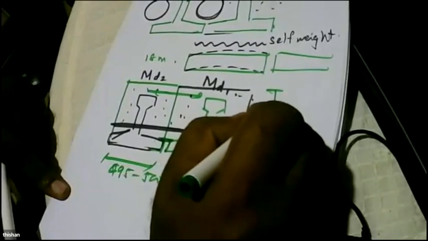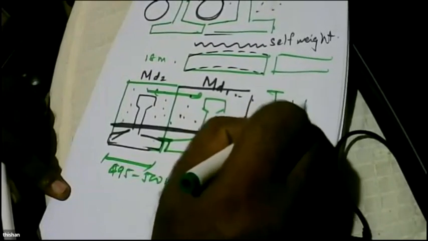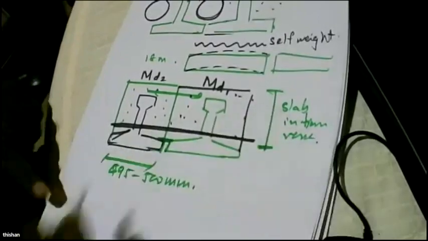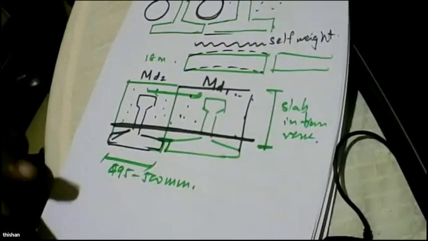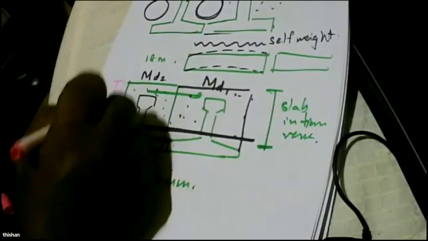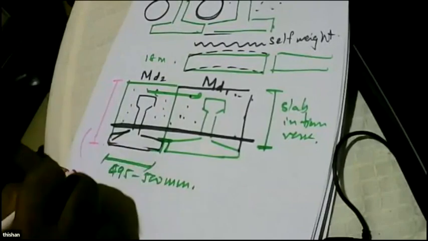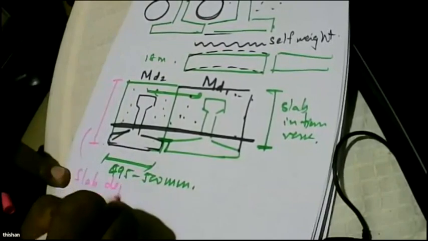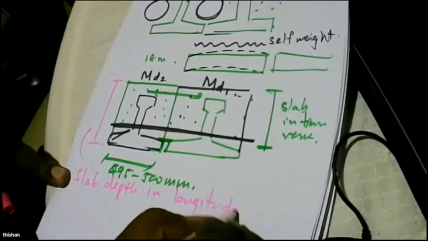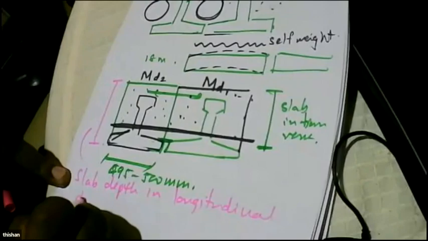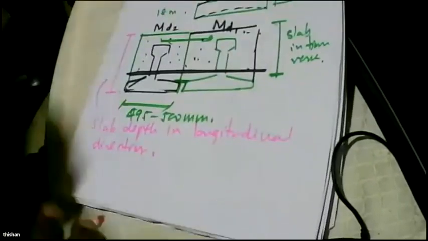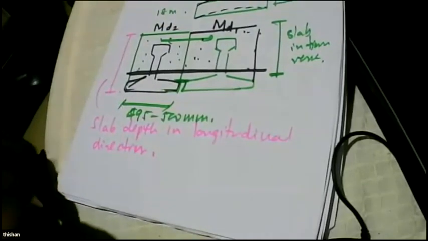So the depth of the slab is this in the transverse direction. But if you look at the slab in the longitudinal direction, you get full depth. So this is the slab depth in the longitudinal direction. So you get two different depths, right?